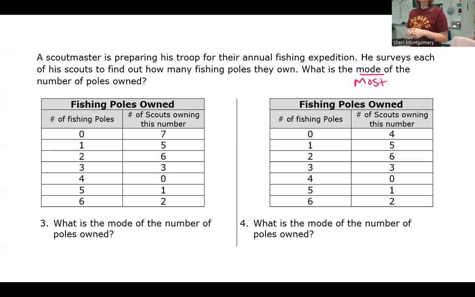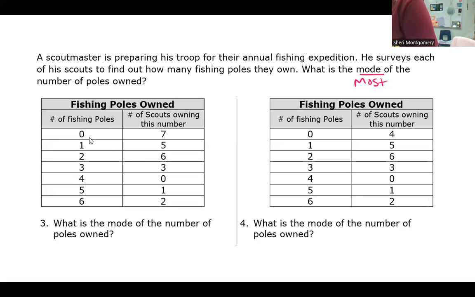So looking at this chart, we have fishing poles owned. This is the number of fishing poles, and this is the number of scouts that have that many. So reading this chart is the challenging part in this problem.